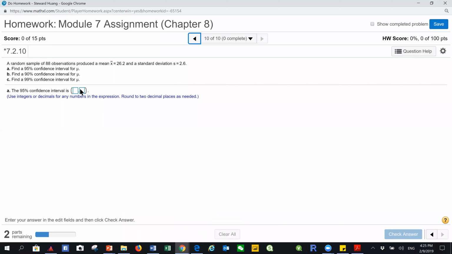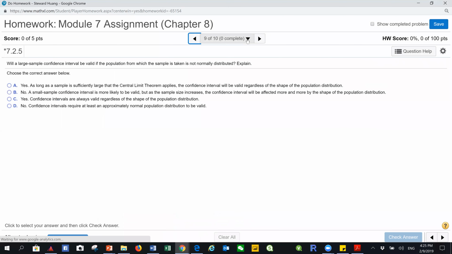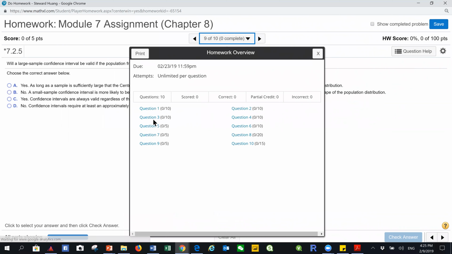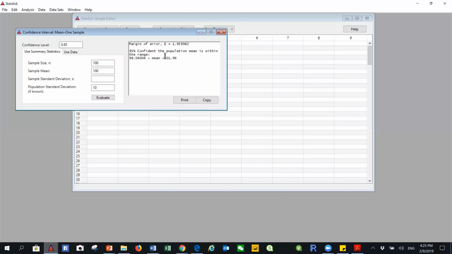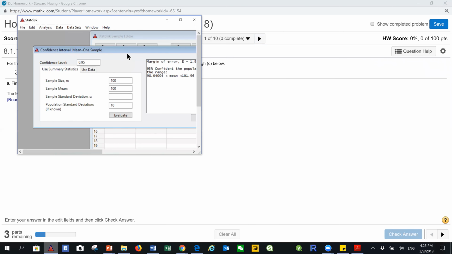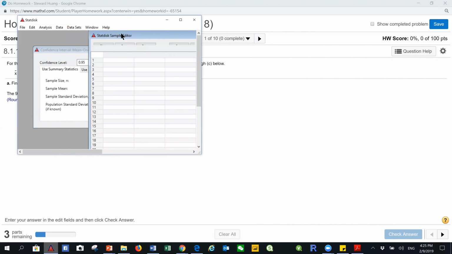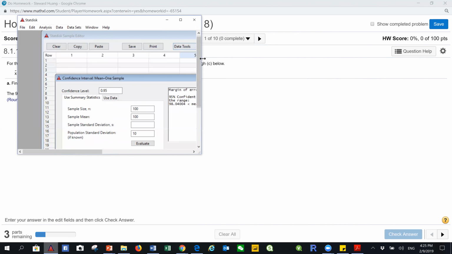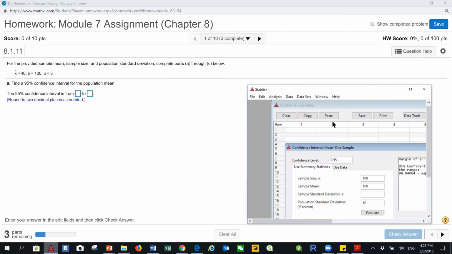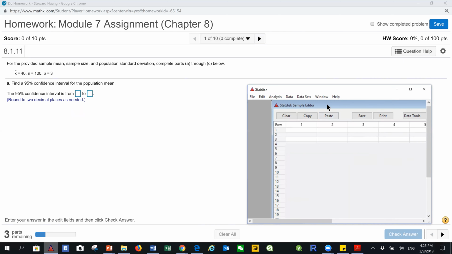Now, let's come to the assignment. Go to the first question. With that, you can easily use the formula or StatDisk.